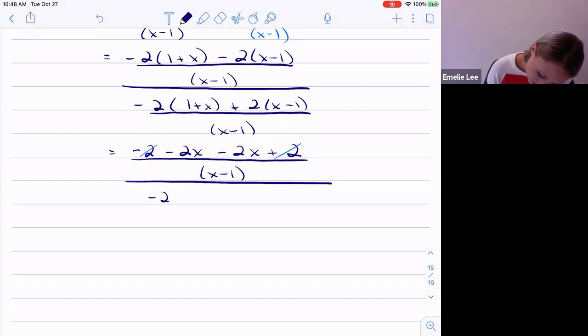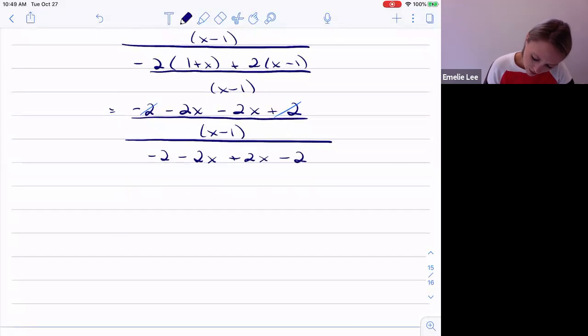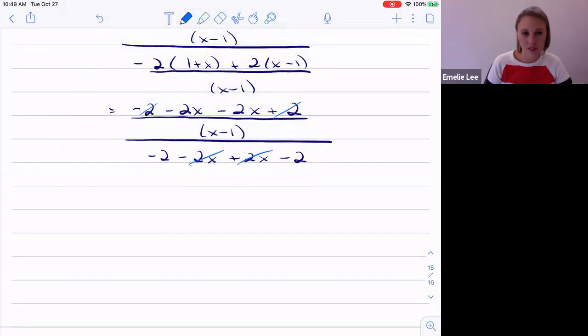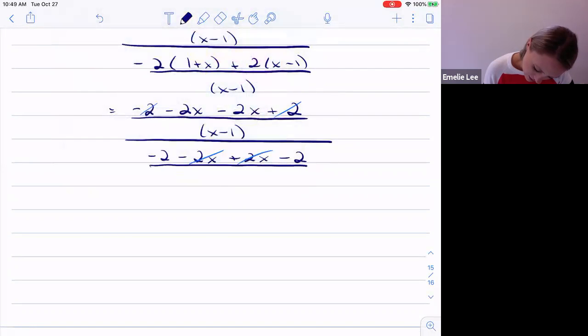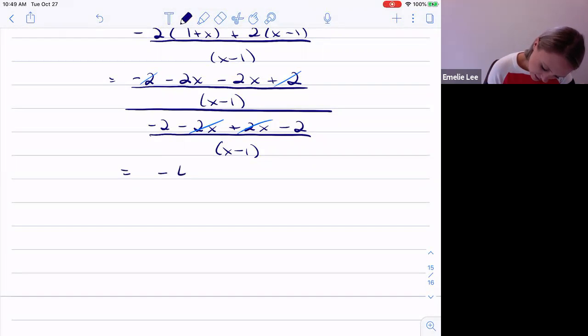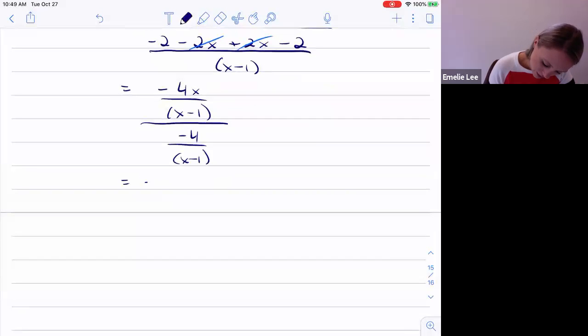And so I get negative 2 minus 2x plus 2x minus 2. Now it looks like negative 2x plus 2x is the one to go away. And this is all over x minus 1. So this simplifies to negative 4x over x minus 1 divided by negative 4 over x minus 1.